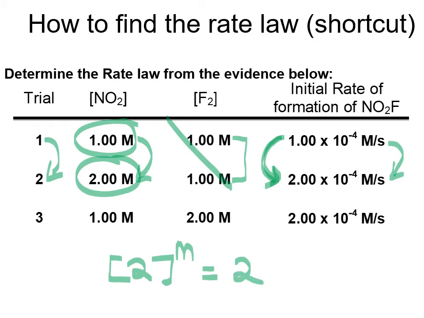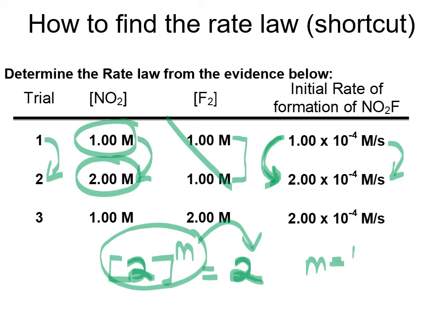So if when you double the concentration of NO2, the rate also doubles, then that tells you what the effect of NO2's changing concentration has on the rate. And in that case, we can say, okay, I can see that it is a linear relationship. Therefore, m must equal 1.